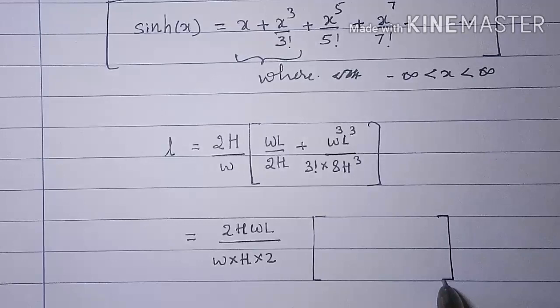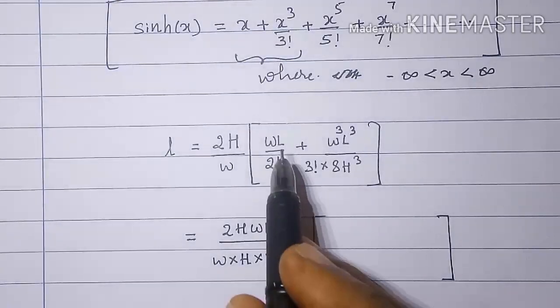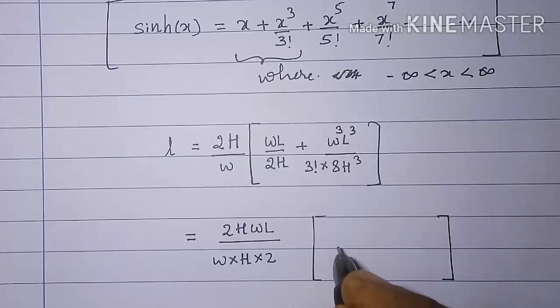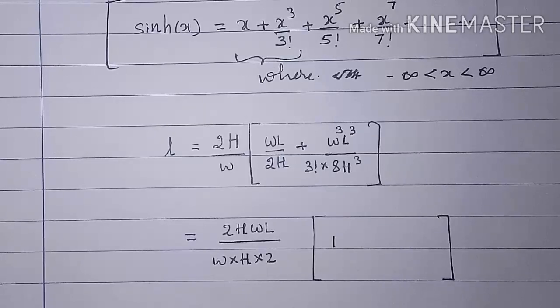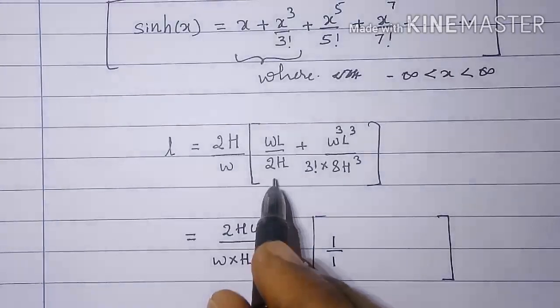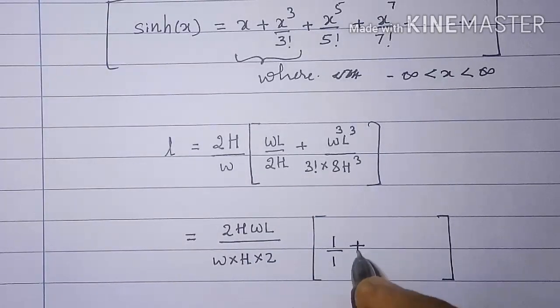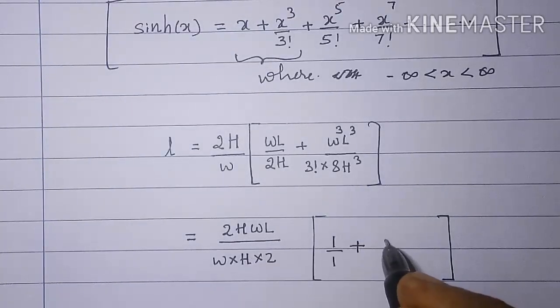Inside the bracket, we have taken WL common outside. So here we will have 1, 2h also we have common, so denominator of 1 will not be one upon 1, because we have taken 2h common outside, plus W we have taken common outside.